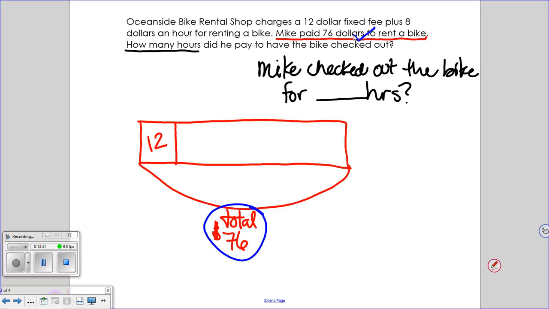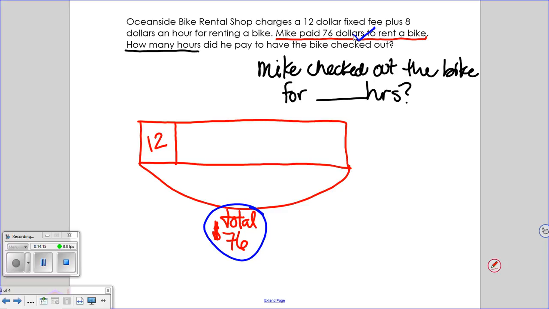What else is gonna go in my bar? Suzanne, what do you think is gonna go in my bar? Well, $76 is my total. It's not gonna go inside my bar. James, what are you thinking? 8. Maybe some 8s.